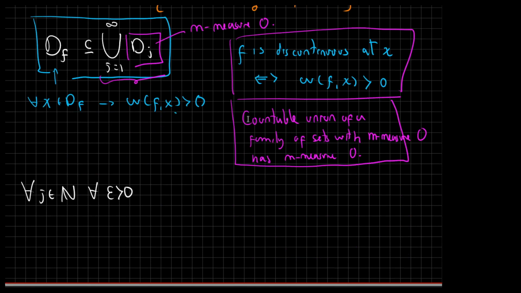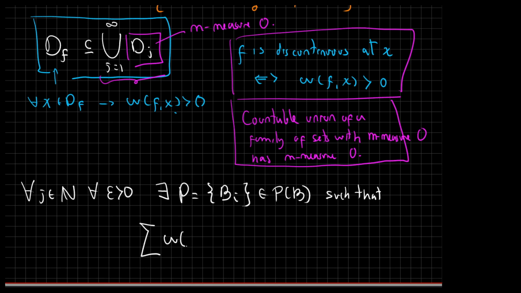So by hypothesis, there will exist some partition of the domain such that the sum of the oscillations of f in each of the subblocks of the partition, times the volume of each of these blocks, will be less than this value.